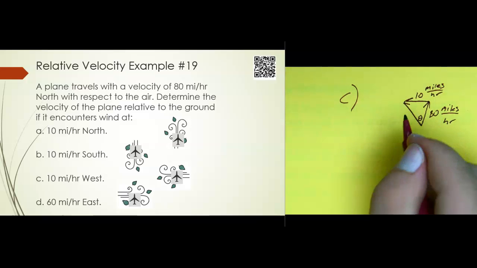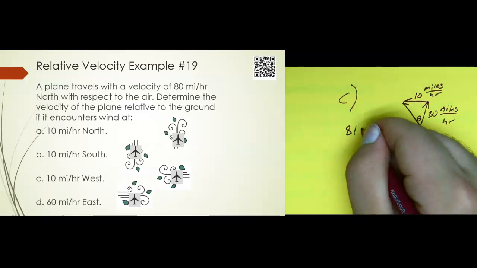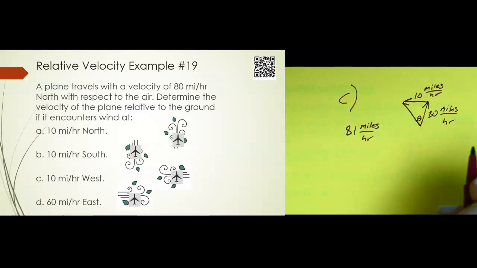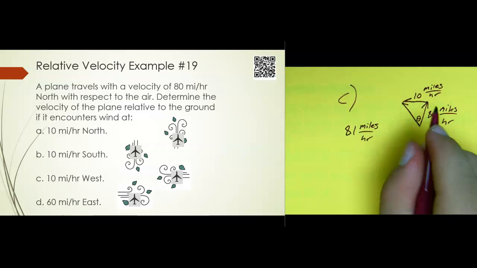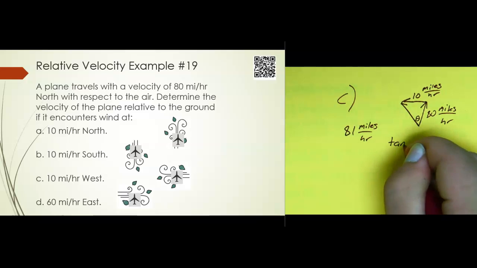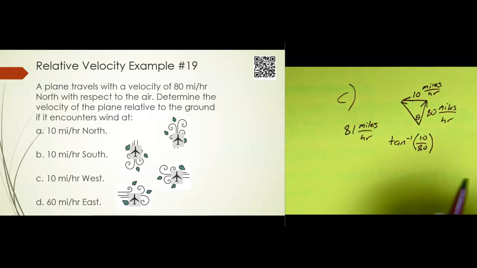So I have 81 miles per hour at what angle? So theta. To find it, I'm going to do the inverse tangent of the opposite over the adjacent. So 1 sig fig is going to be 7 degrees.